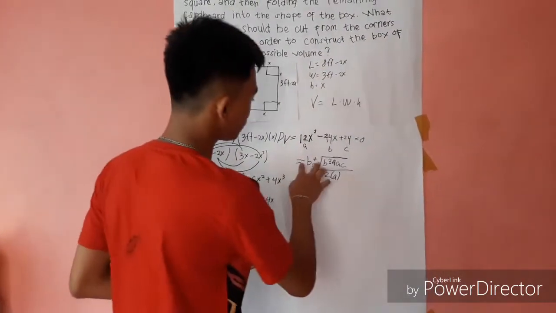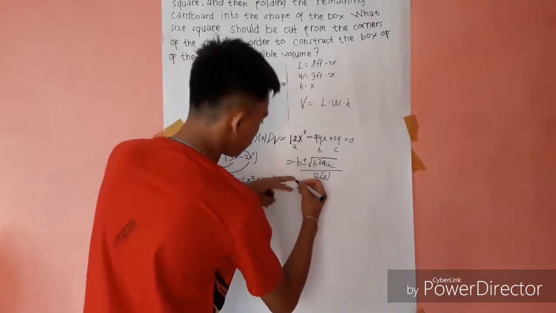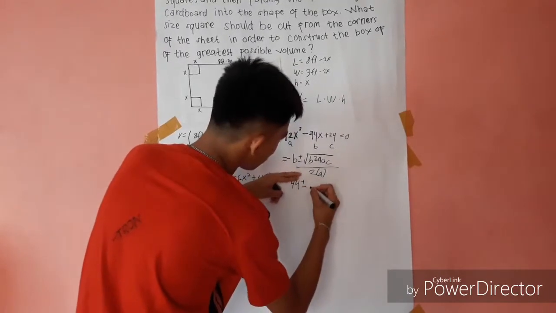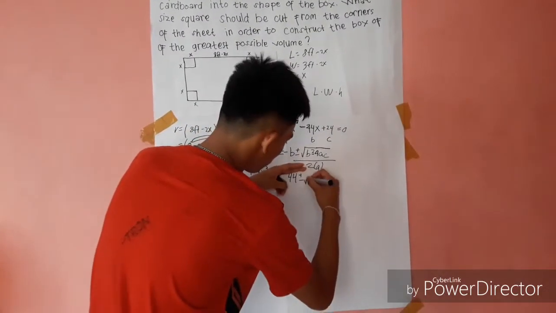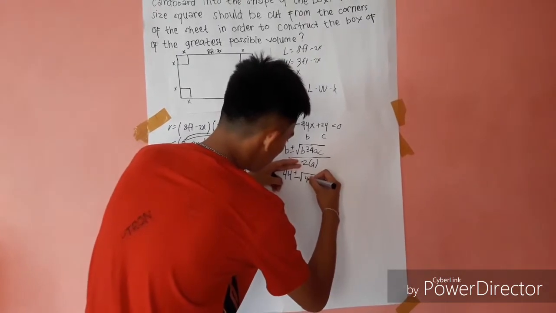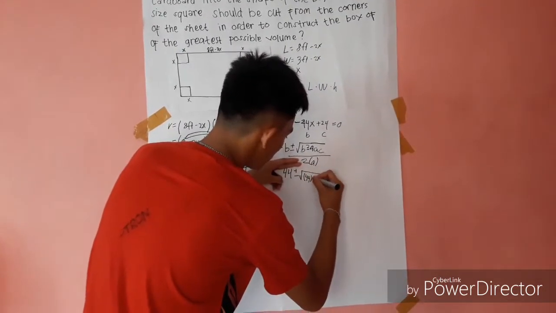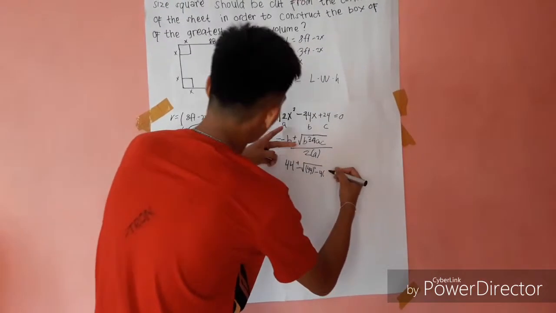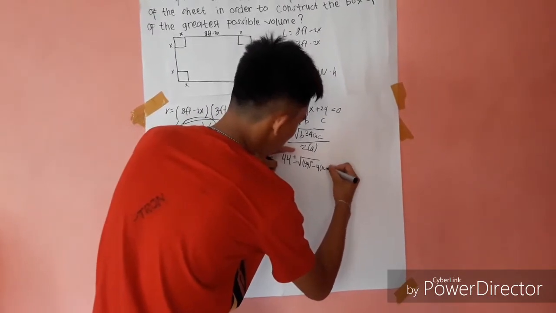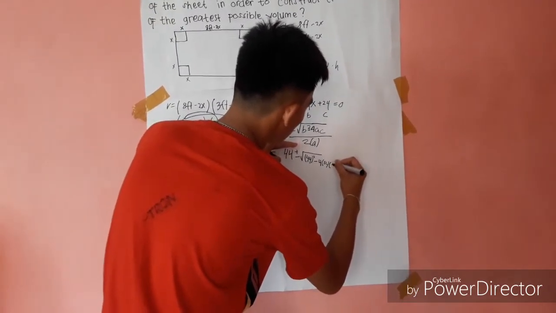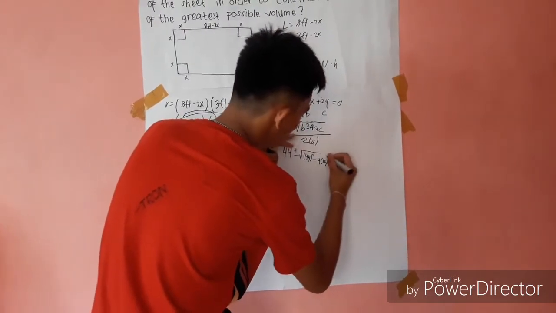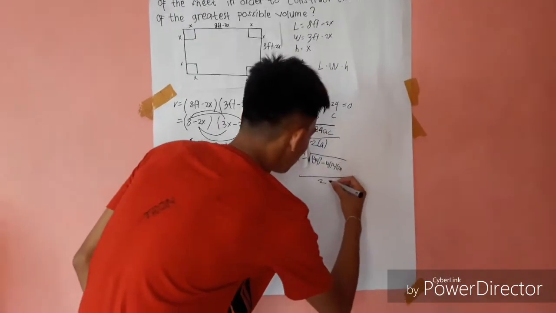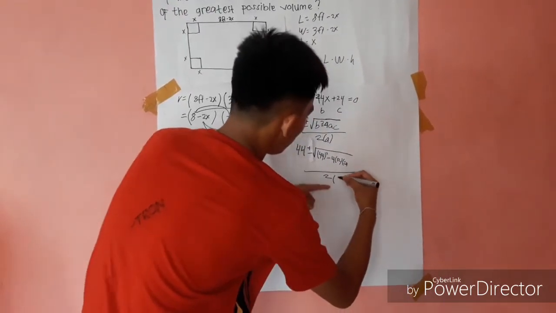Our b here is negative, and negative times negative equals positive. So positive 44 plus or minus the square root of 44 squared minus 4, and our a here is 12, and our c is 24, all over 2 times the a, which is 12.